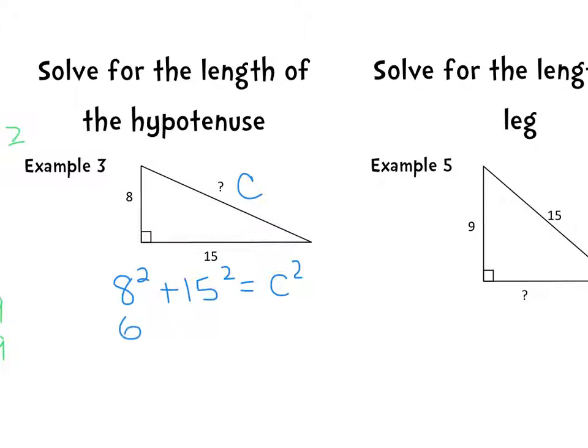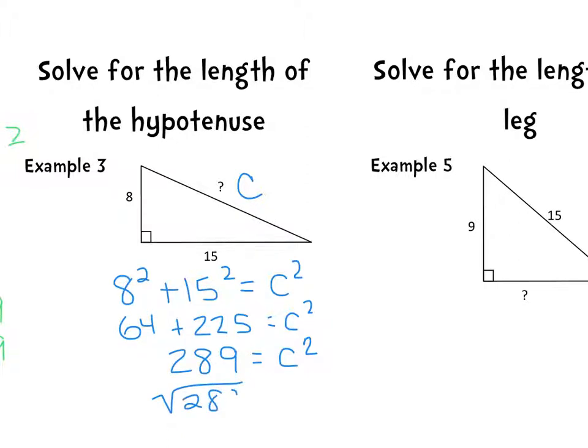So 8 squared is 64, 15 squared is 225, and I don't yet know c squared, but I can add 64 and 225 and get 289. It's important to note that 289 is c squared. 289 is not the length of the hypotenuse. To find the length of the hypotenuse, we're going to take the square root of 289, and we arrive at 17. So the value of c, or the hypotenuse length, is 17 units.